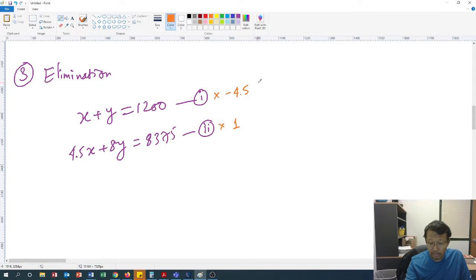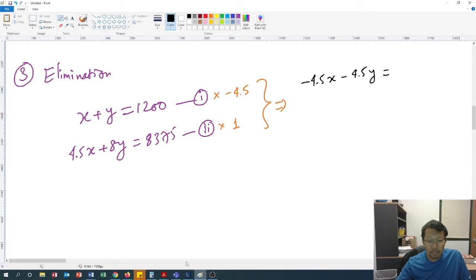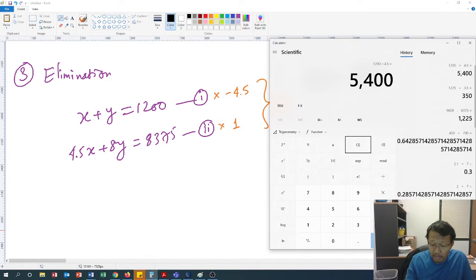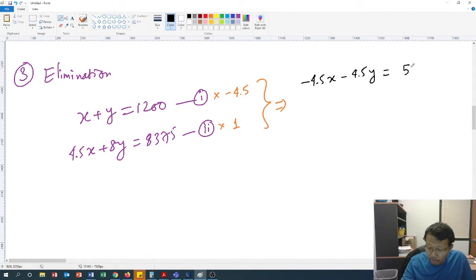So then this will give us negative 4.5x minus 4.5y equals, what is 1200 times negative 4.5? 1200 times 4.5 is 5400, and don't forget the negative sign.